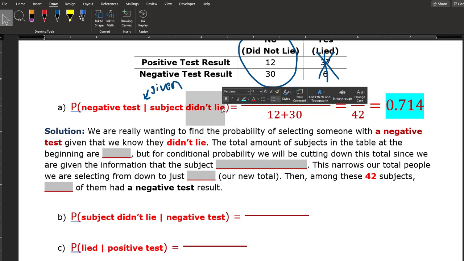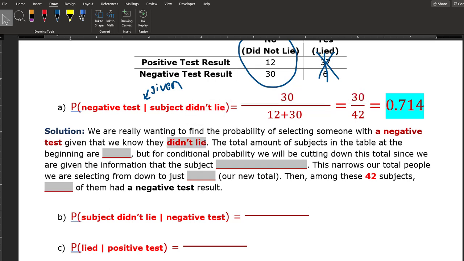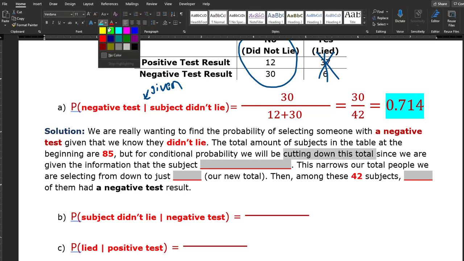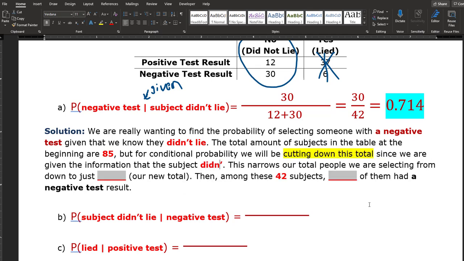We looked at those that didn't lie, and this gave us the total amount of subjects. In the beginning, there's 85 total, but for conditional probability, we cut this down. You cut down the total, so we have a new total that we're going to be working with. We cut it down since we were given information that the subject didn't lie.